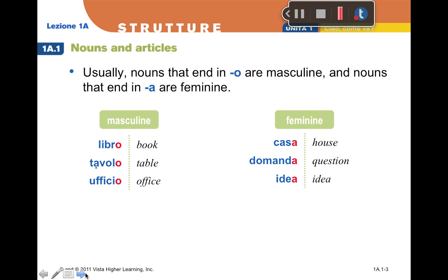So usually nouns that end in O are masculine. There are some exceptions. Nouns that end in A are feminine. So libro, tavolo, ufficio. You see that these three words refer to objects, but they're masculine. The same happens with casa, domanda, idea. They refer to things, not to people, and they are feminine.